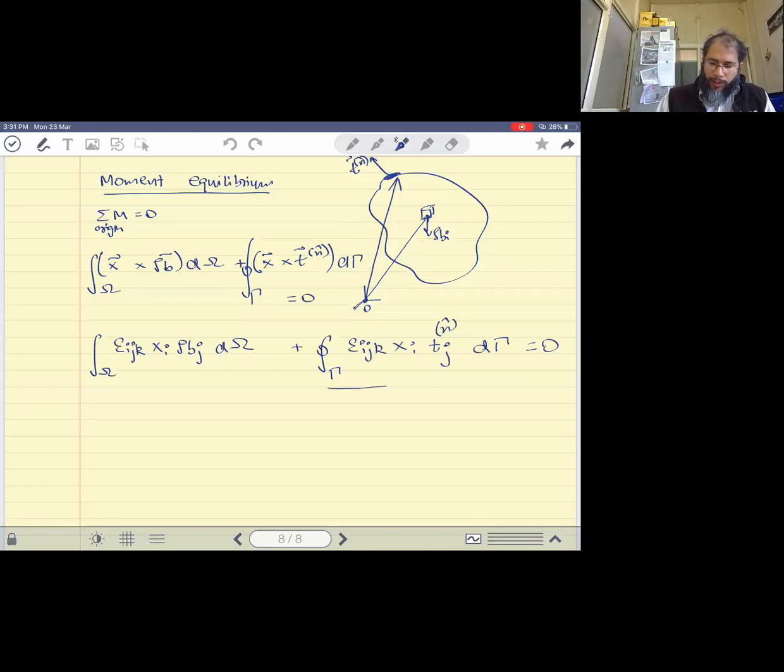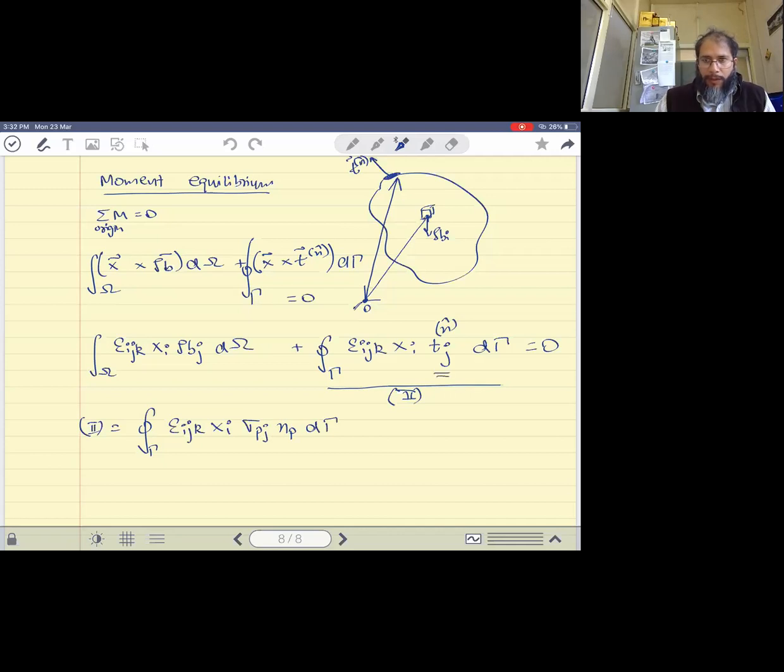Now, if we take the second one and simplify that, so what we have done is we have applied the Cauchy stress formula.